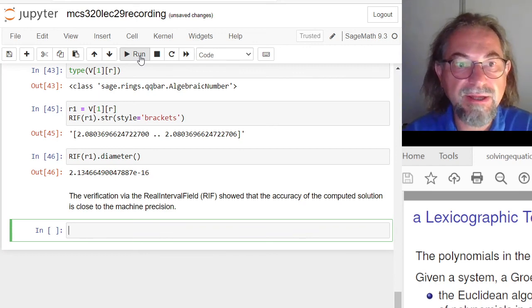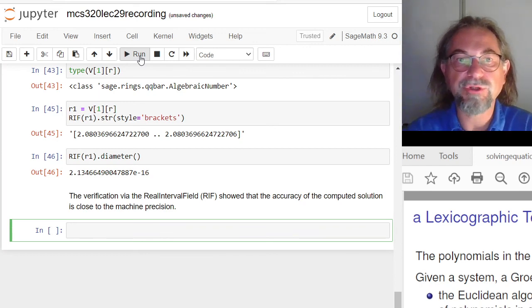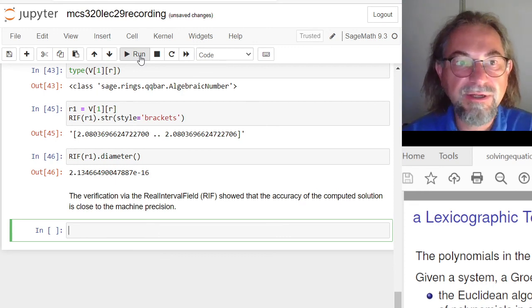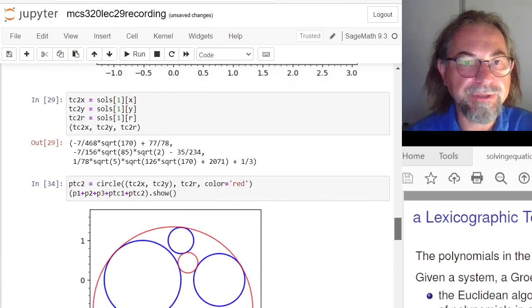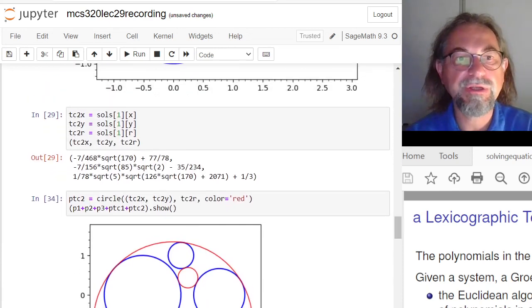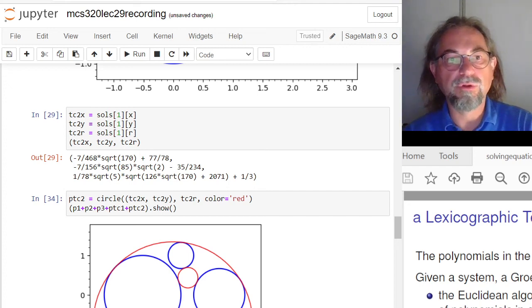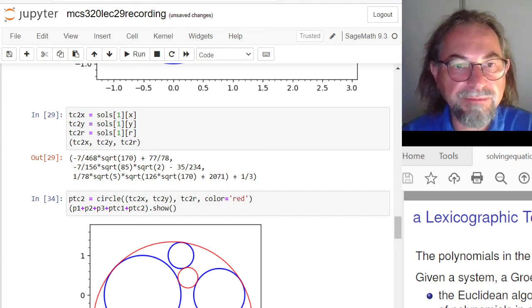It's just by querying the diameter of the numbers, which are actually algebraic numbers, but they can be easily converted into the real interval field, or more in general, to the complex interval field. A further step would be to compare this solution here with the solutions that were obtained here. Here we see the solutions in the formal notation that was obtained by solving the quadratic formula that was done here.